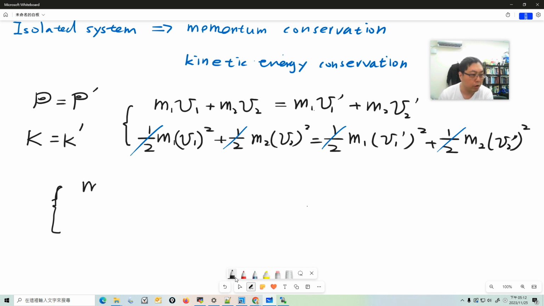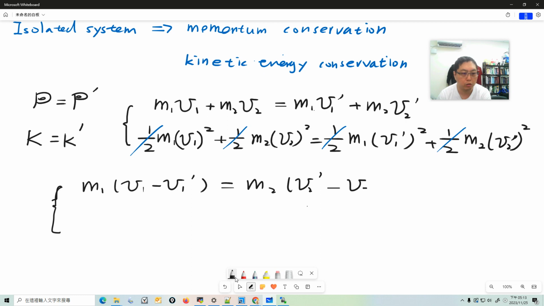So m1 times (v1 minus v1 prime) is equal to m2 times (v2 prime minus v2). Let's do arrangement of the first equation.